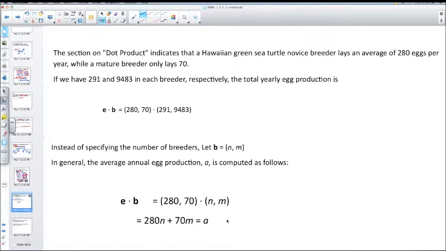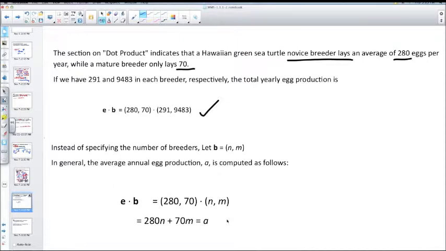Now let's look at this example. Talk about the Hawaii green sea turtles. The novice breeder lays 280, the mature breeder 70. And the total number of eggs equals the dot product. We checked this before.